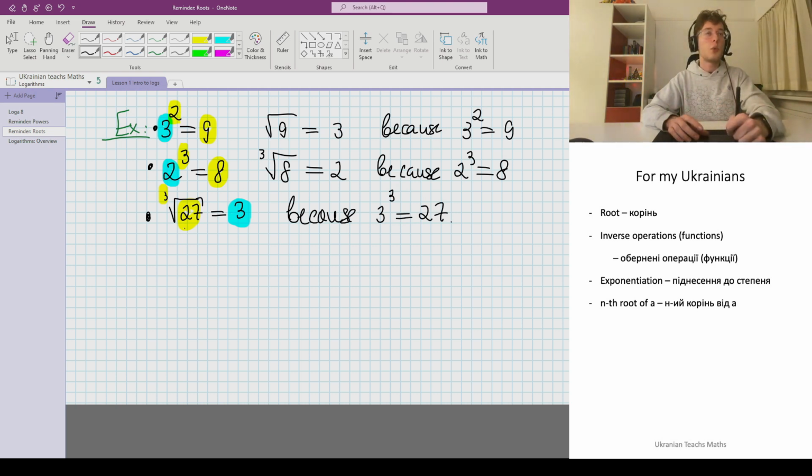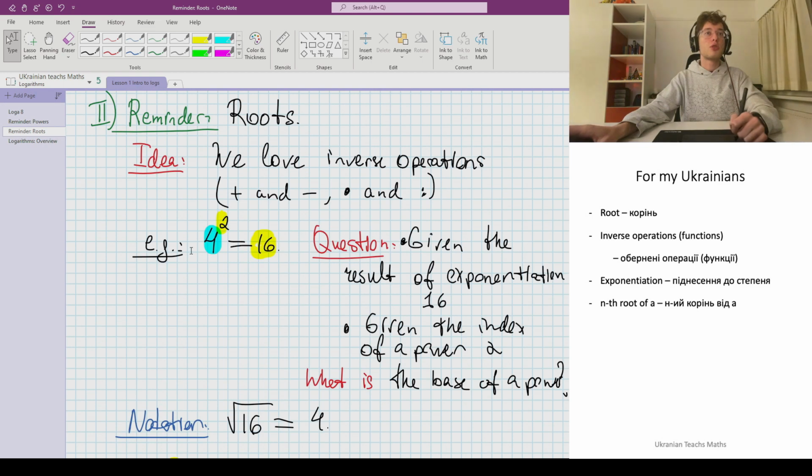And these are exactly roots. They are asking the inverse question: if I have the result and one number in this power notation, what is the third number?